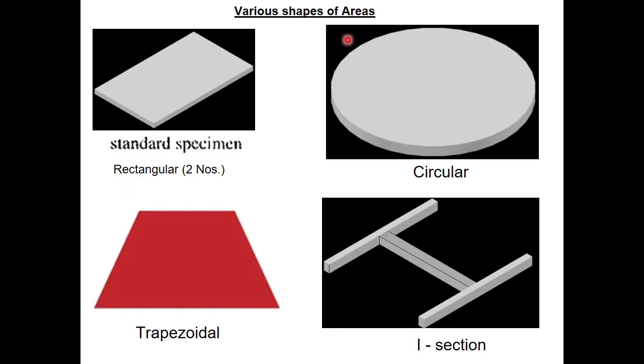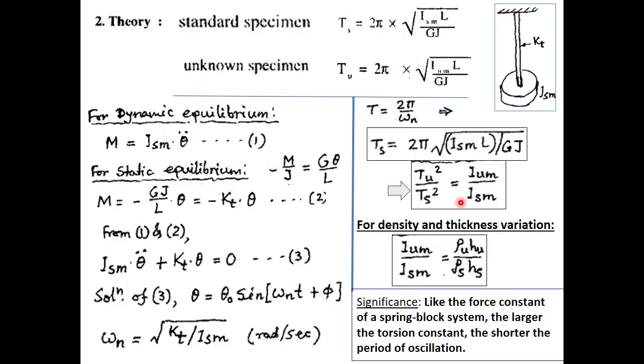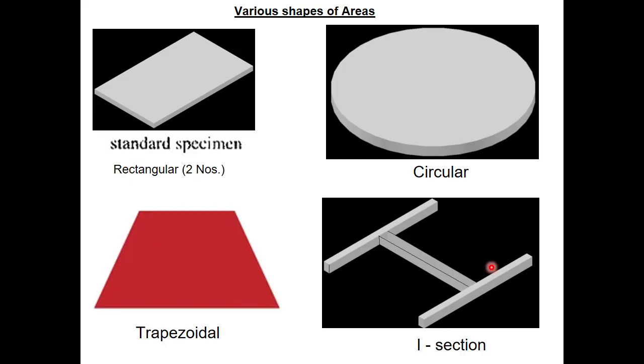A particular specimen is there which is made of aluminium. So some material difference is also there. Somewhere the thickness variation is there. So that way you have to use this one for a particular specimen, and for other ones this density variation and thickness variation, that effect you need to consider.